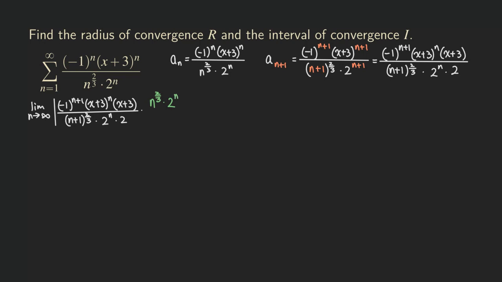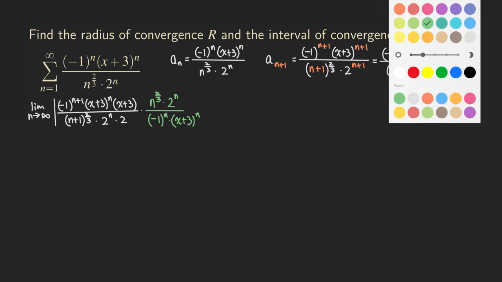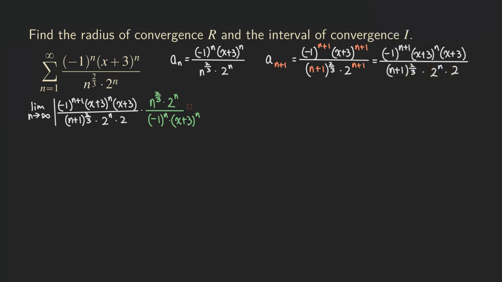We get 2 to the n at the top, and in the denominator we get -1 to the n, and also the x plus 3 to the n. And then we take the absolute value.